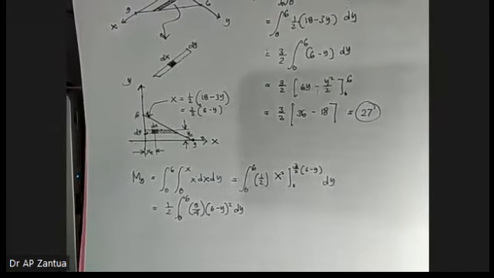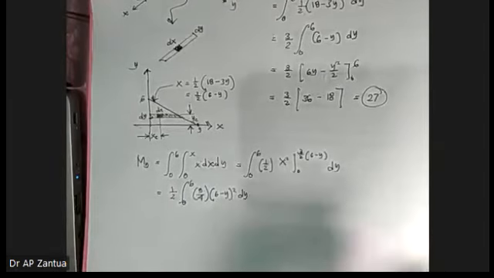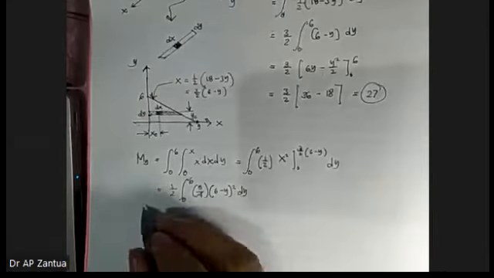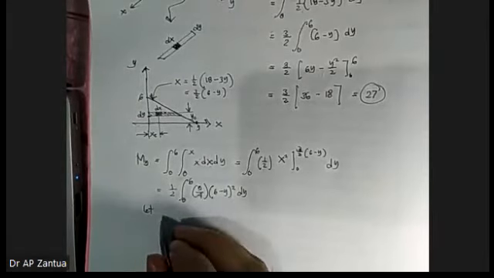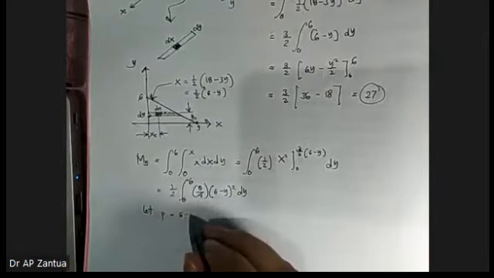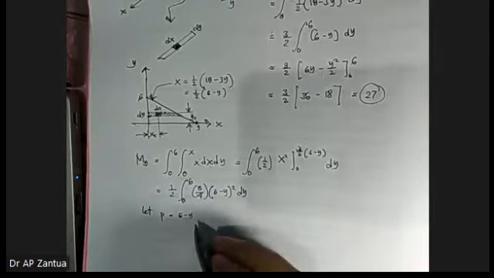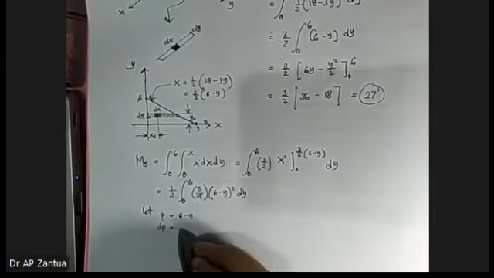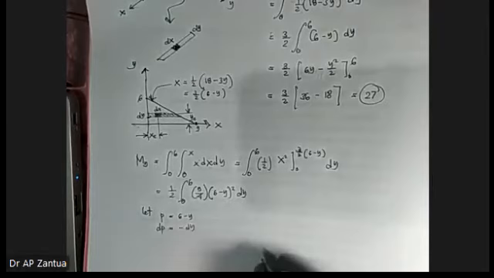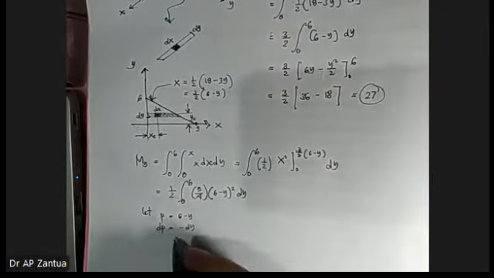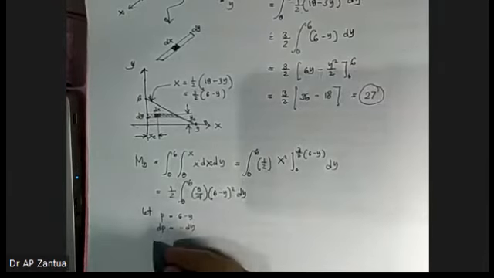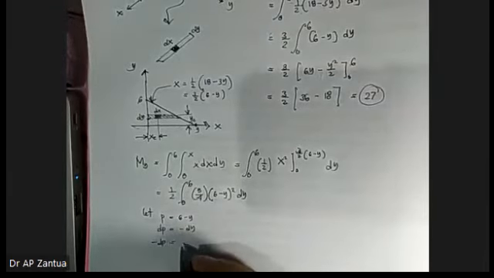Or if you don't want to expand, let, for example, p equal 6 minus y. dp is equal to negative dy, so negative dp is equal to dy.